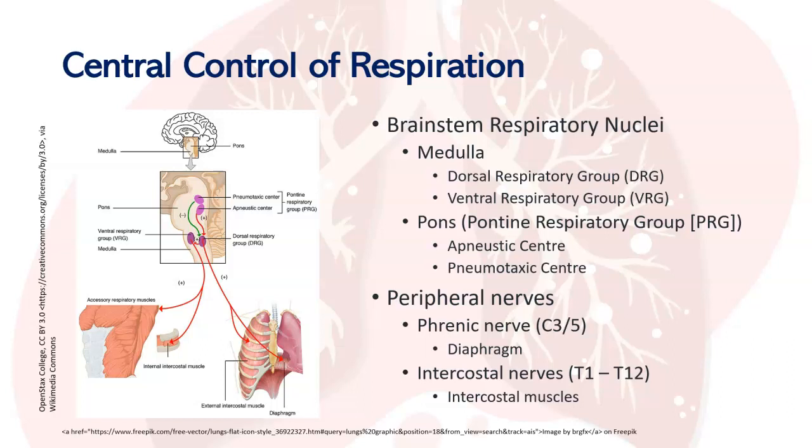The nuclei in the medulla then control the muscles of respiration via the phrenic nerve and the intercostal nerves.